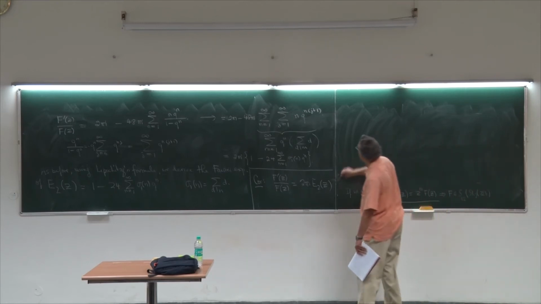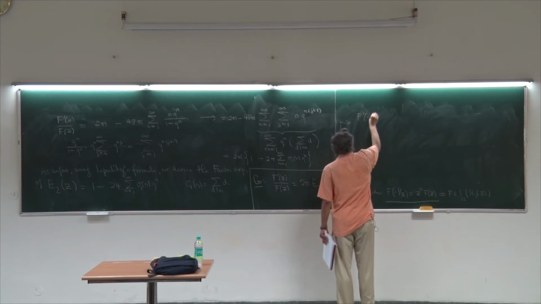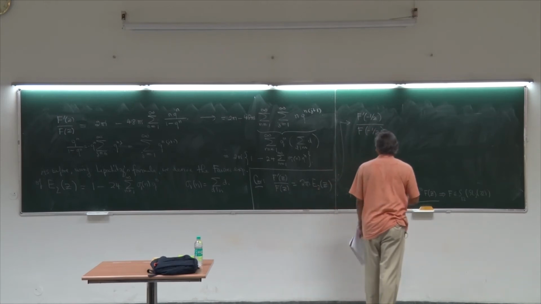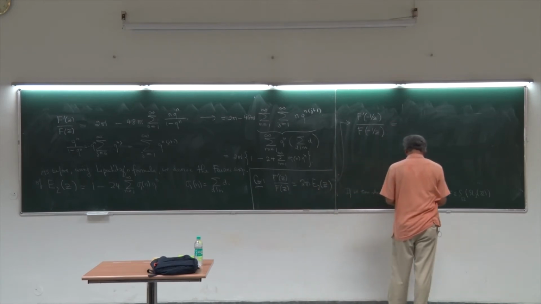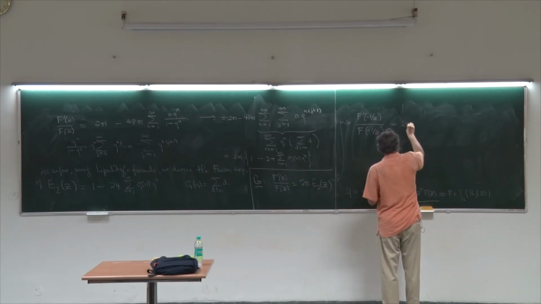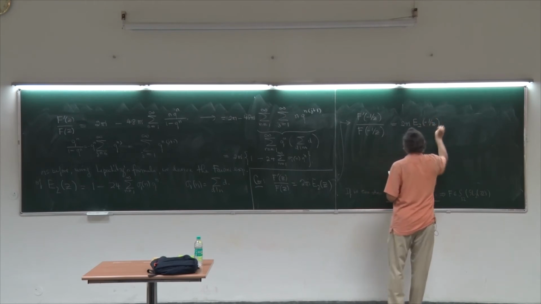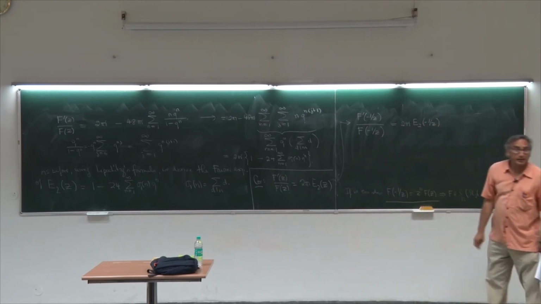So from here, we see that f prime of minus 1 over z is equal to 2 pi i E2 of minus 1 over z. Just change z to minus 1 over z in the equation.